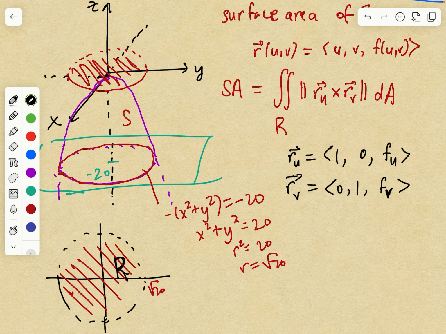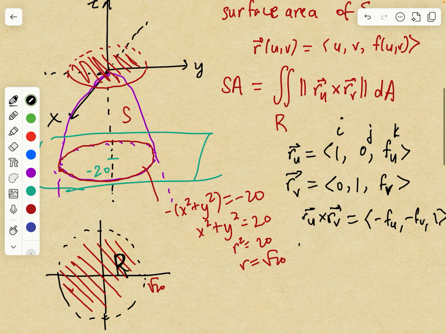Now we take the cross product. By the way, there's actually a simple formula for this, but it takes some time to remember. So if you take the cross product, r_u cross r_v, you're going to get, let's see, negative f sub u, negative f sub v, and then 1, right?